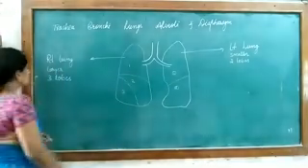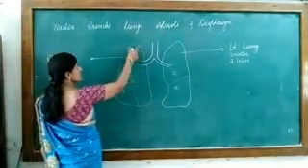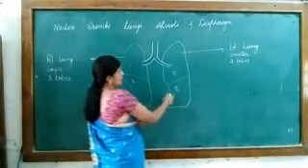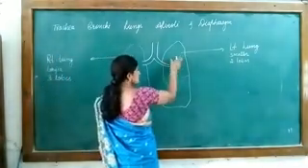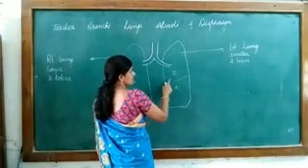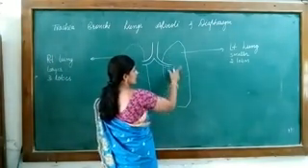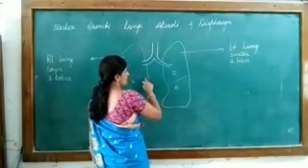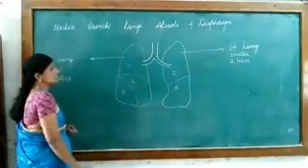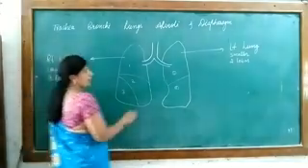The right lung is a little bit broader. The left one is thinner but longer than the right one. The right lung is broader in size.